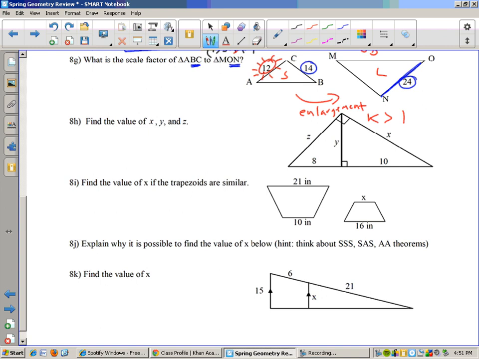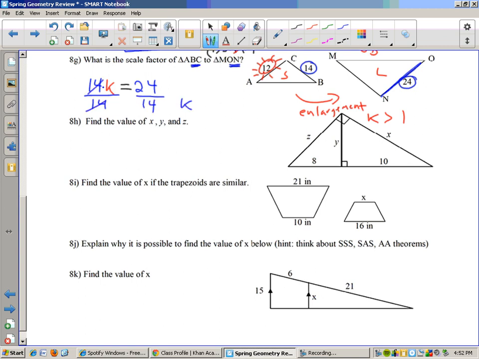So really what I'm saying is, look, 14 gets multiplied by some scale factor K, and when it's done, it will equal the number 24. So what is that scale factor K? Well, just solve it. That's multiplication. How do you undo multiplication? You divide.